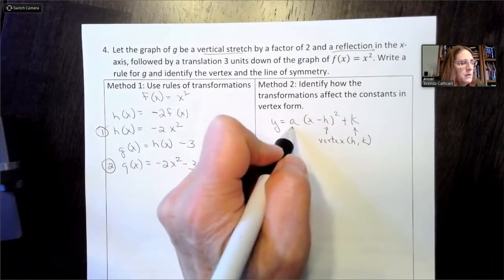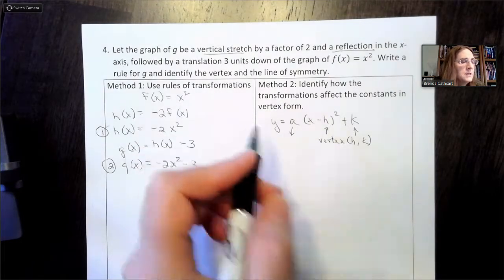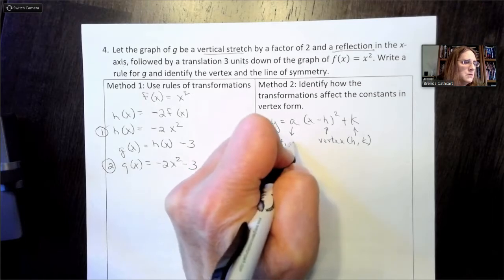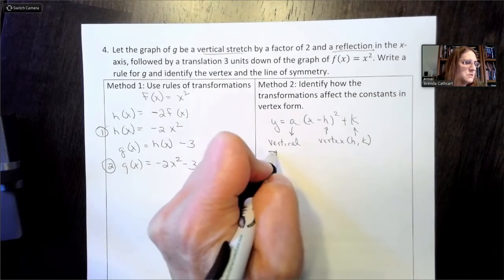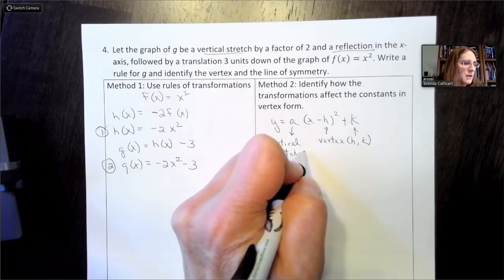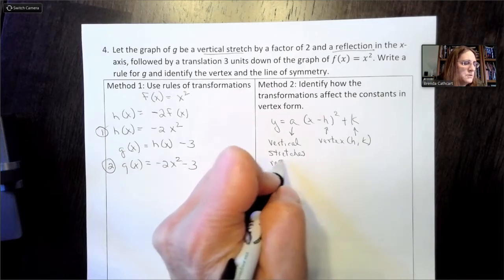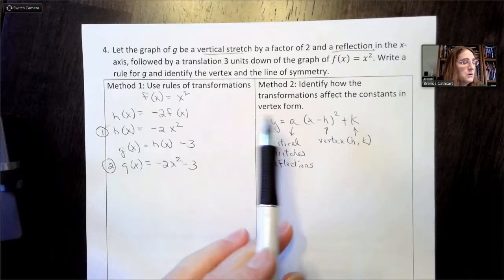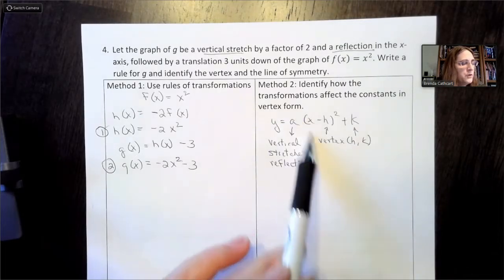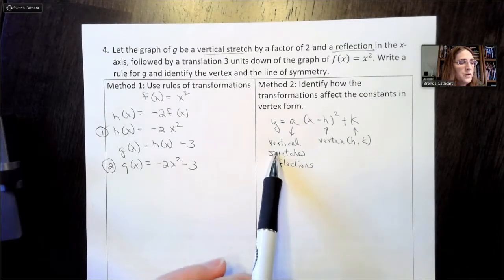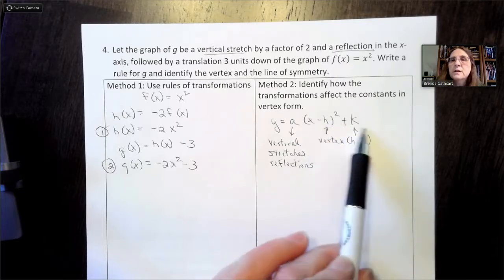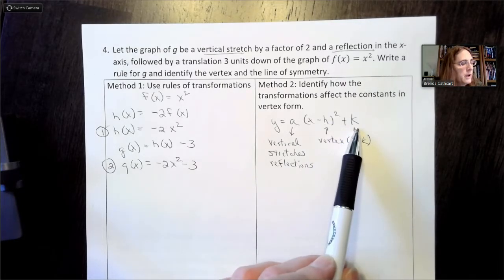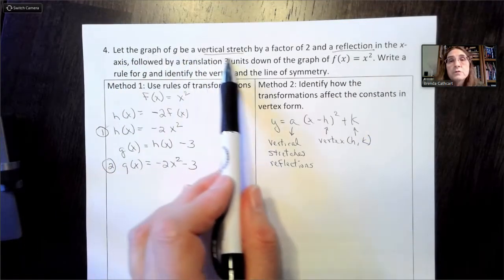The a, we can look at it and we can see that the a is going to affect vertical stretches and reflections. And since this follows the order of operations, we want to do a vertical stretch or reflection first, followed by translations to the left or right or up and down. And that is the description we have here.